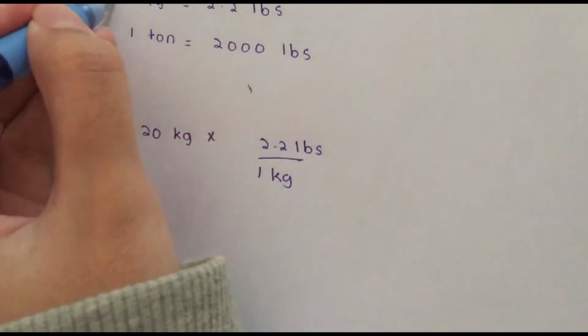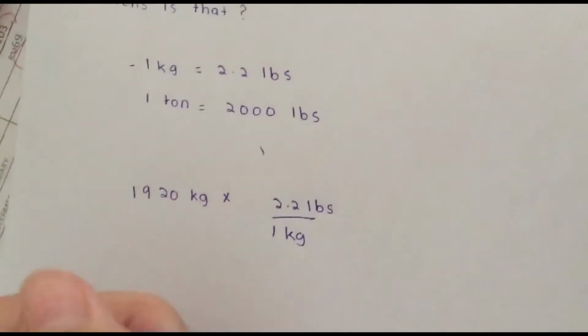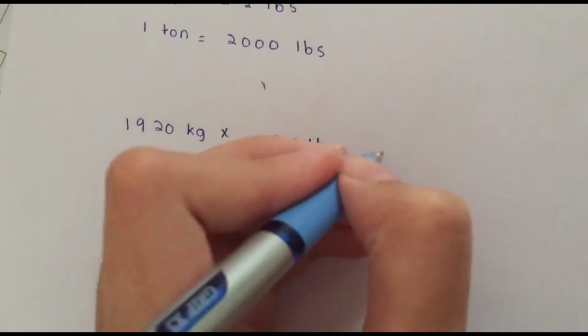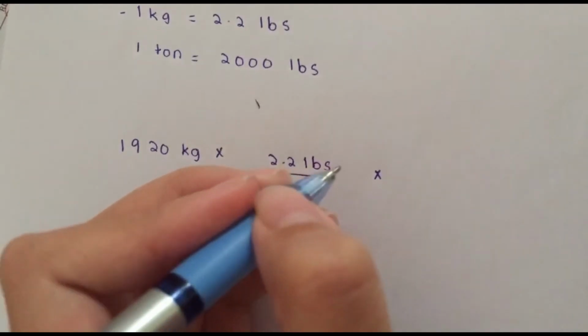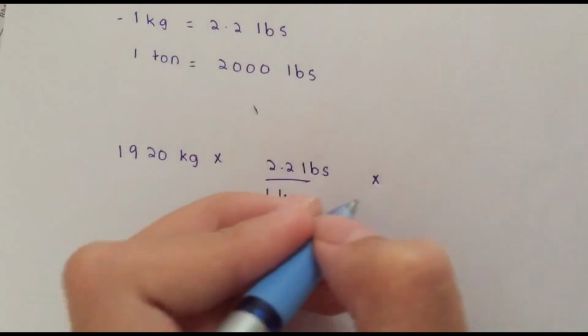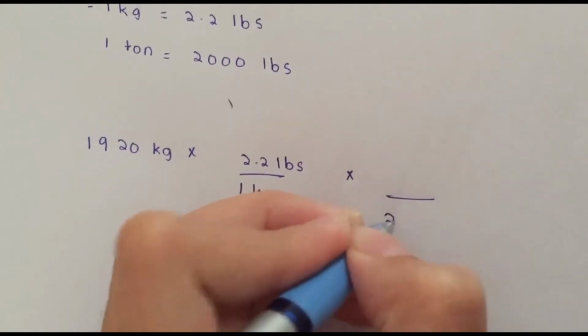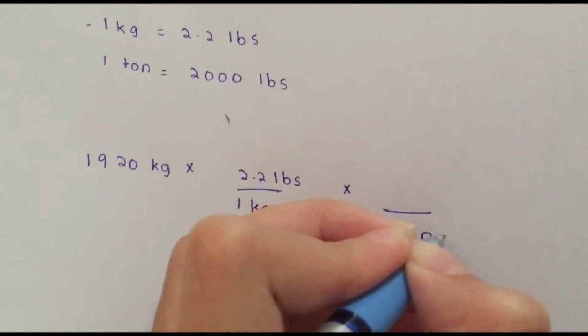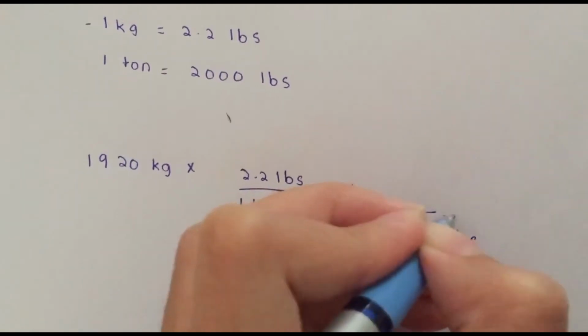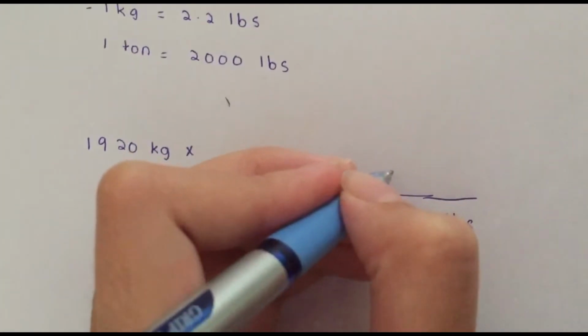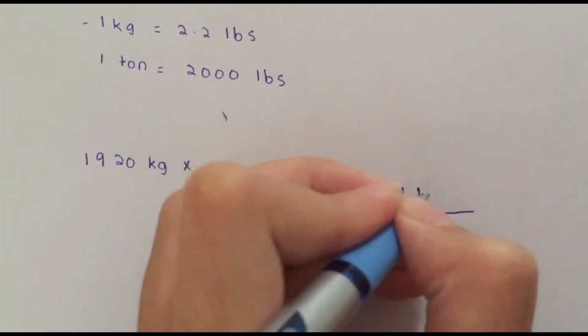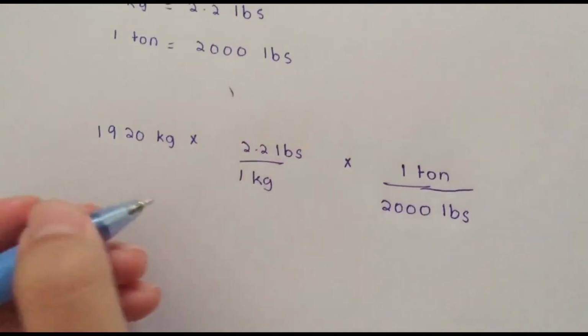Just like this. And then we want it to be in tons, right? So we must put the 2,000 pounds at the bottom and 1 ton at the top.